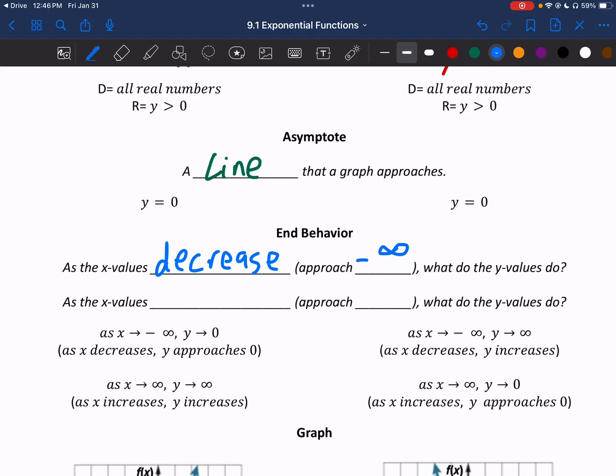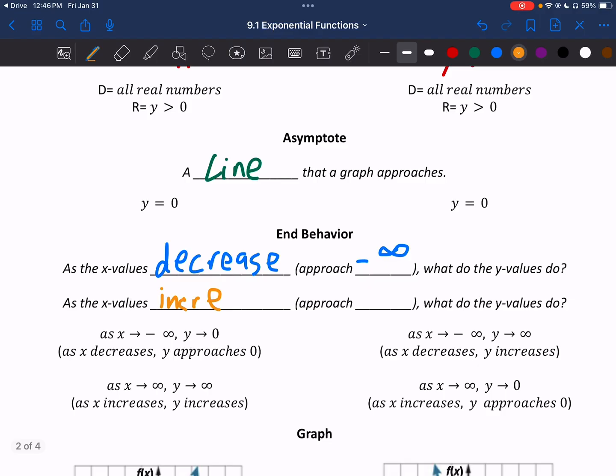And then the second part is, as x values increase, approaching positive infinity, what do the y values do?